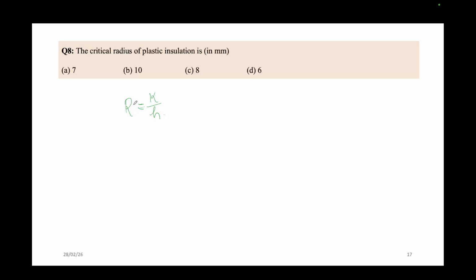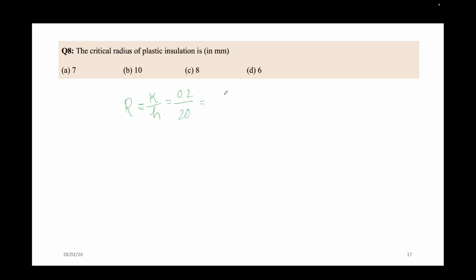That means if I put this radius, then the heat loss will be comparatively less. So you just put the value of K here. This value of K is most probably 0.2, and H is 20.